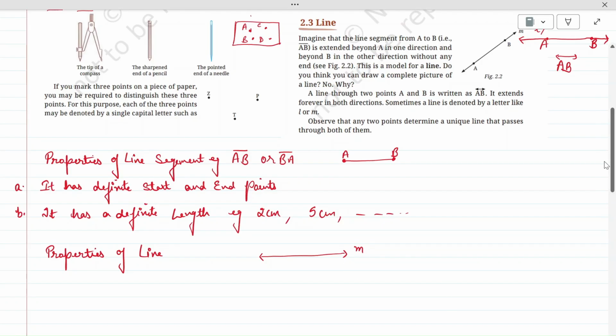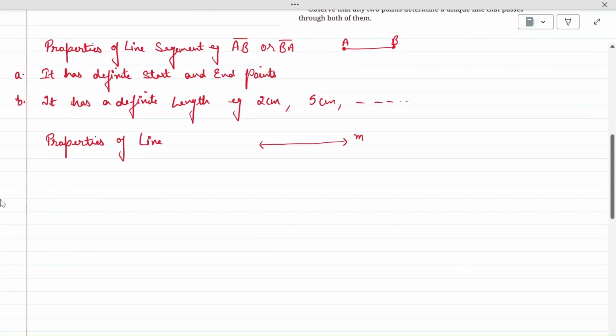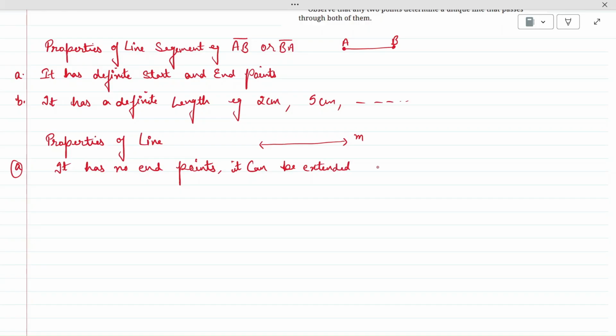Now, what are the various properties of a line? I'm writing here. The first one is, it has no endpoints. A line has no endpoints. It can be extended infinitely in both directions.